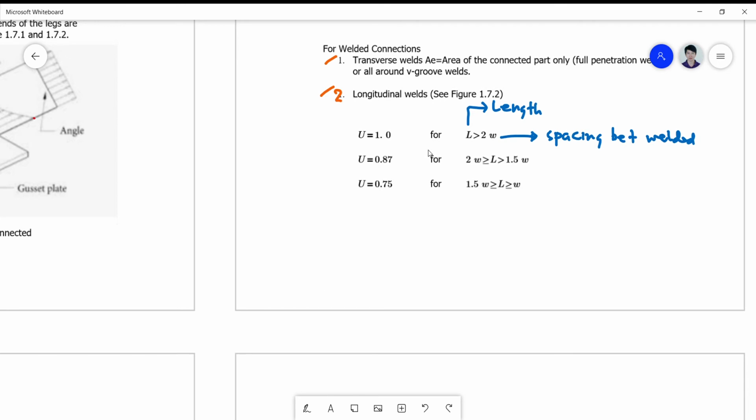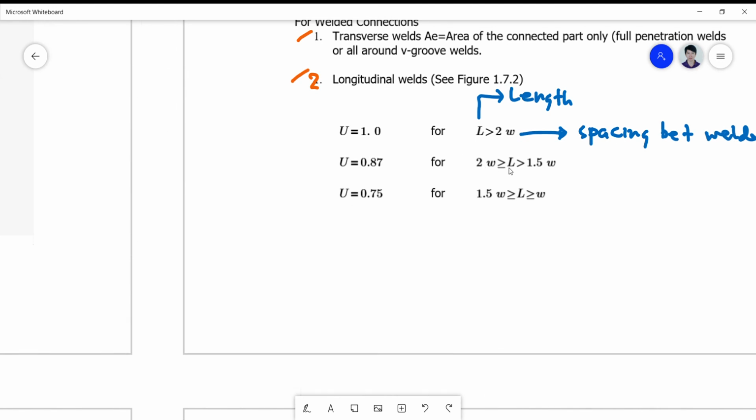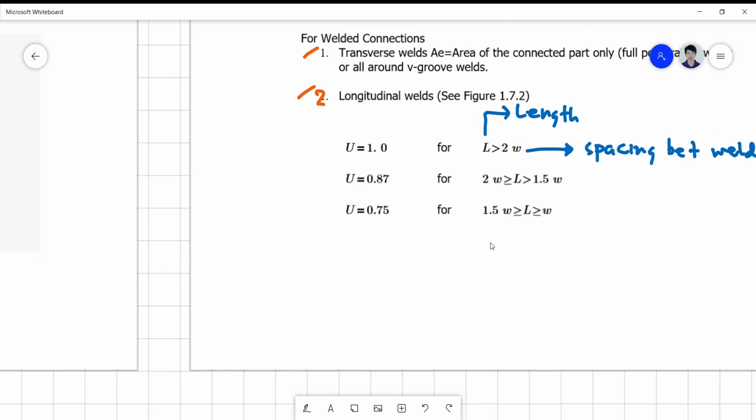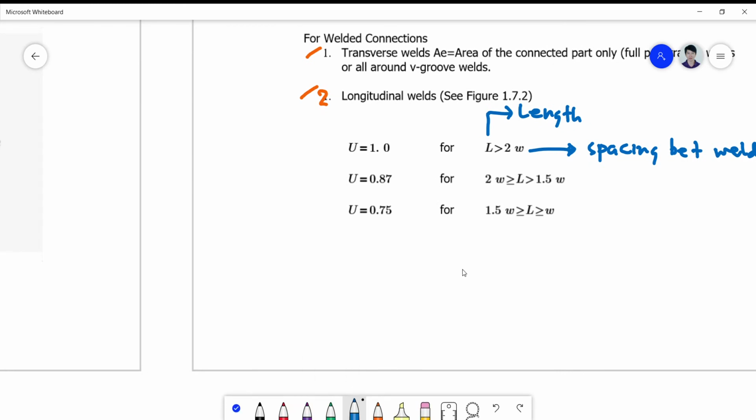Okay. Notice that when the length becomes smaller than 2W but greater than 1.5W, your U is reduced to 0.87, and if it is smaller than 1.5W but greater than W, it is 0.75. Now, what if your L is less than W?